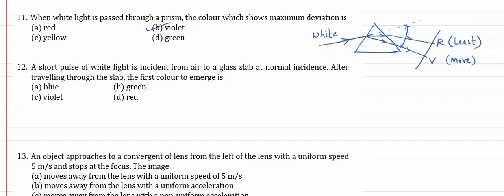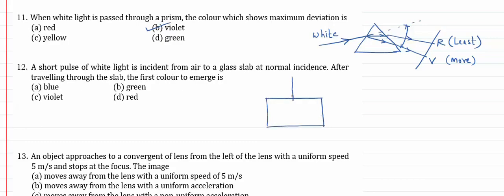12th, a short pulse of white light is incident from air to glass slab at normal incidence. So glass slab ada light is incident normally.